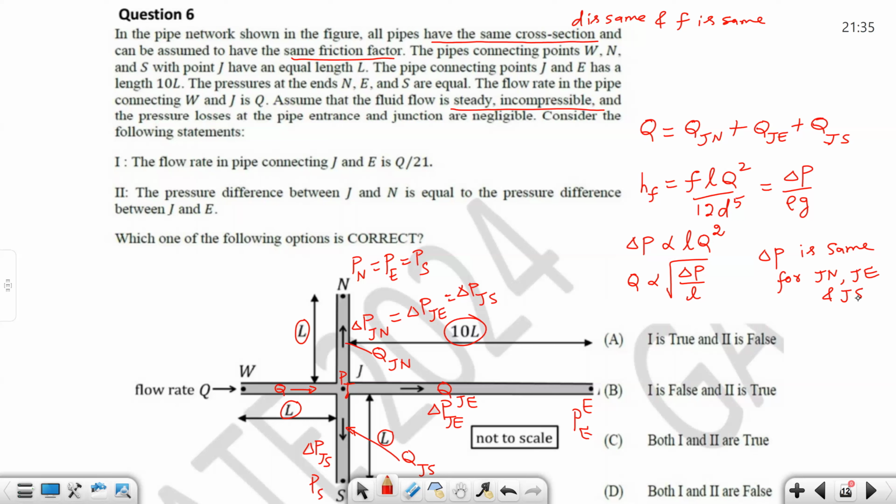So that means for these three, Q is proportional to 1 by root L, so root L into Q is a constant C.